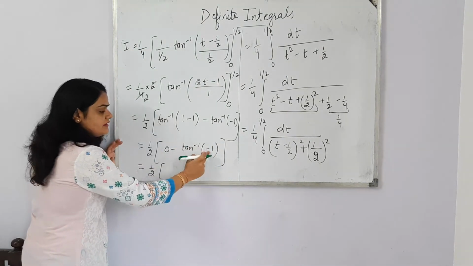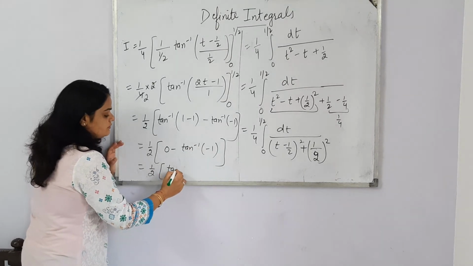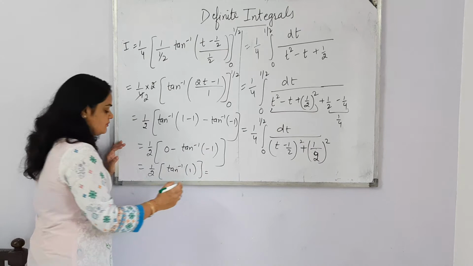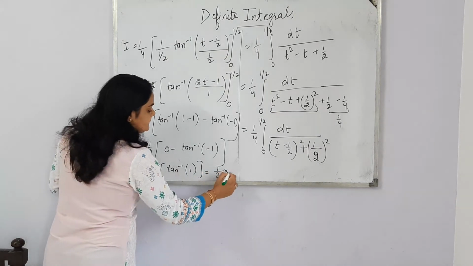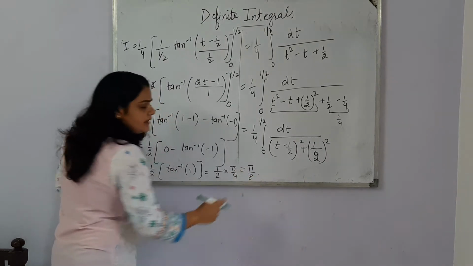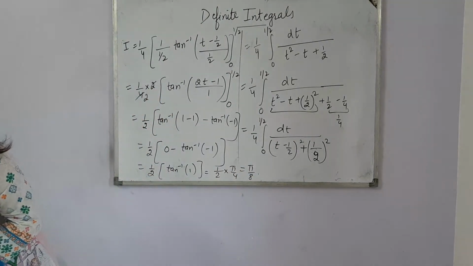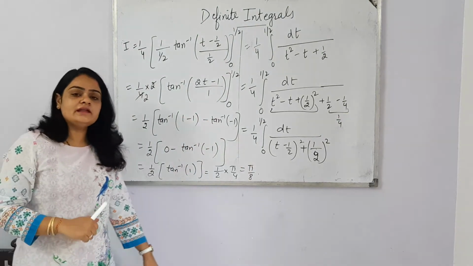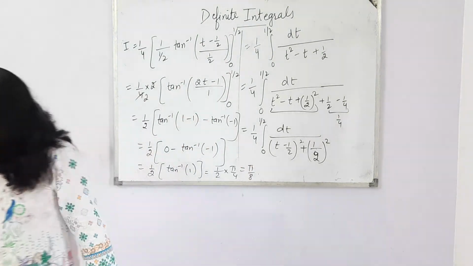This negative sign can come out and it becomes tan inverse 1. Tan inverse 1's value is pi by 4. So we are getting the value pi by 8. Hope the question is clear. Let's do one more question.